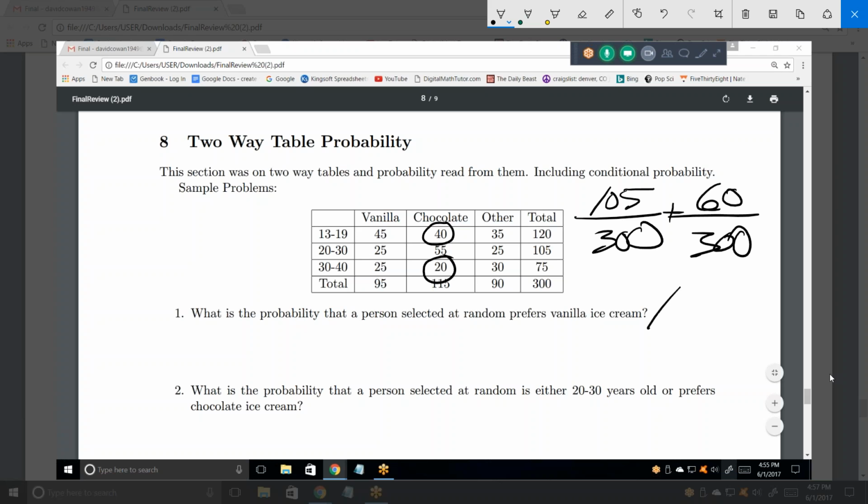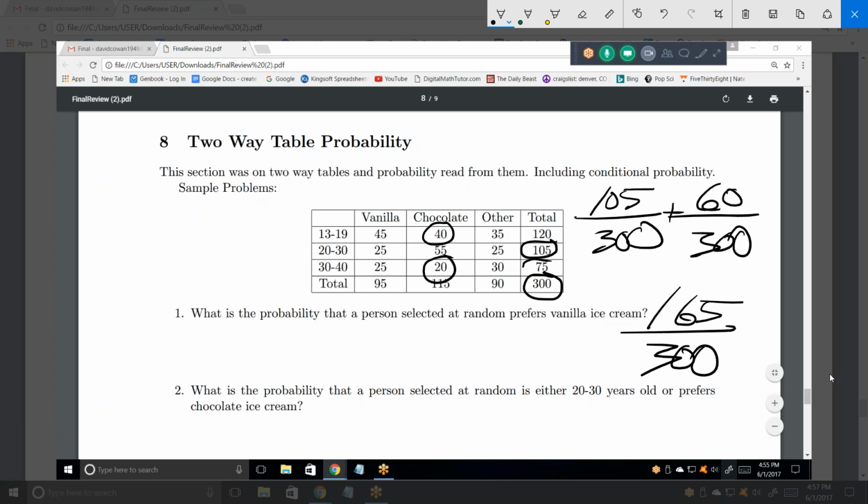So the probability is 165 over 300. In other words, you take not only that number divided by the total, but plus the other two categories of people that like chocolate but are not in the 20 to 30 age group.